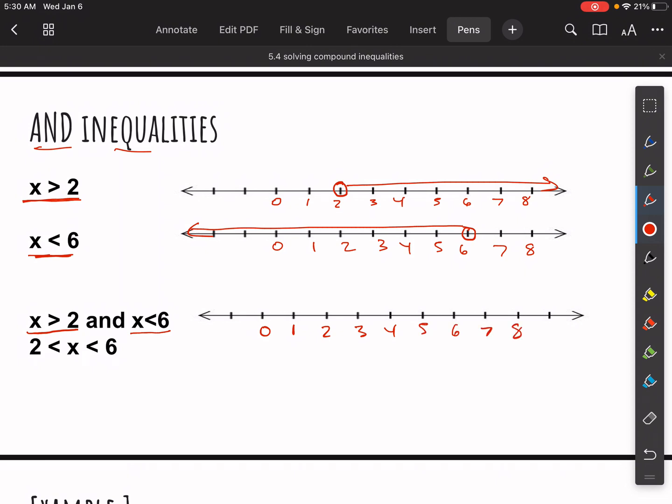So you would just shade or draw your line between the 2 points. That's what an and inequality really is.